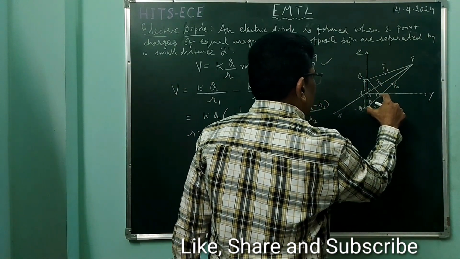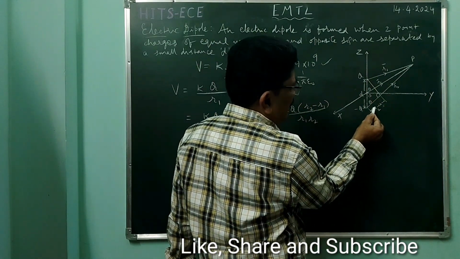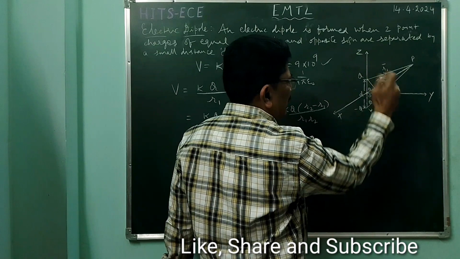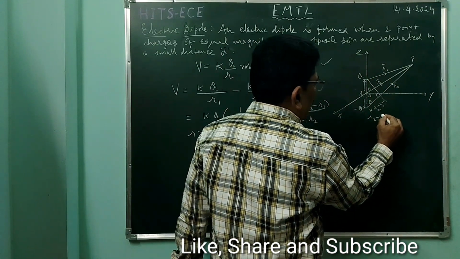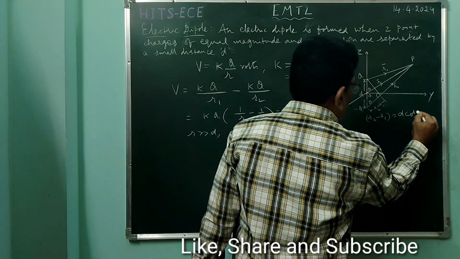In this right-angled triangle, cos theta is equal to adjacent side by hypotenuse. So R2 minus R1 is equal to d cos theta.